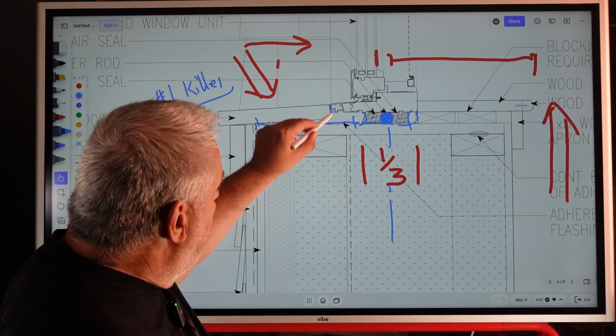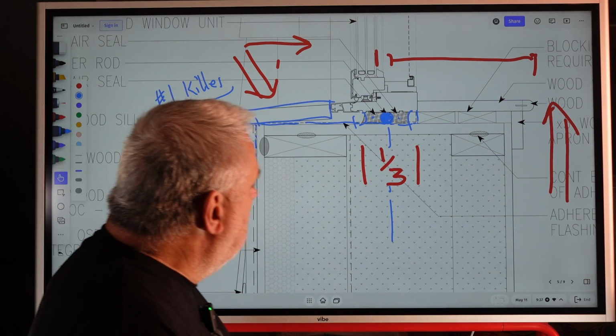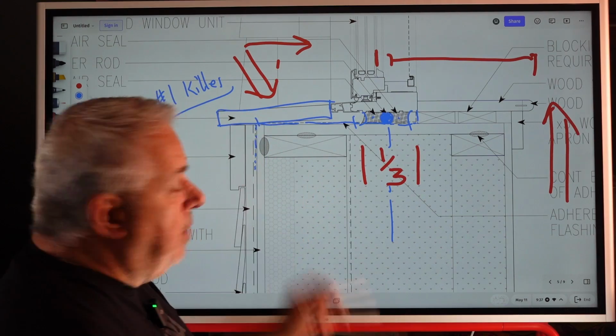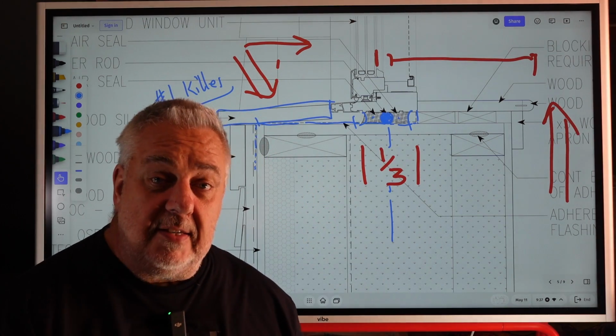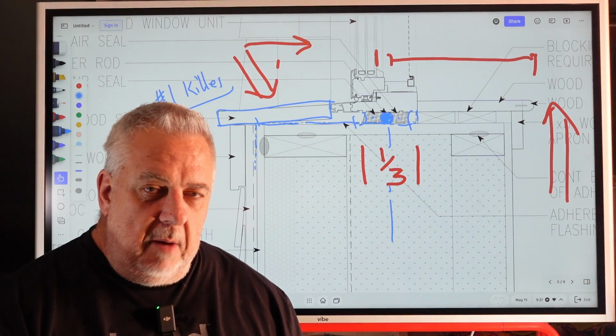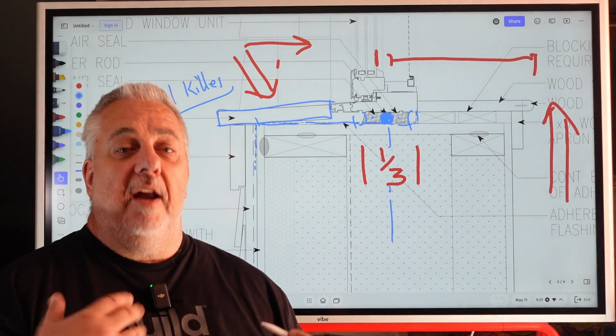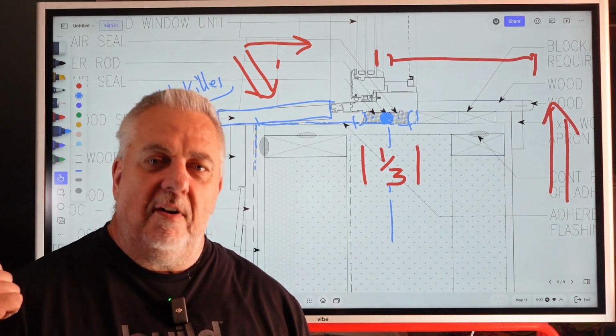And finding the right material for this sill certainly became a challenge. Nice big board as a sill on the flat, sun's beating down on it. When the sun beats down on things, very much like our body, if I lay in the sun, I burn on this side, the back side stays very well protected.